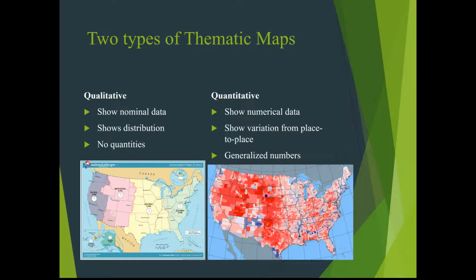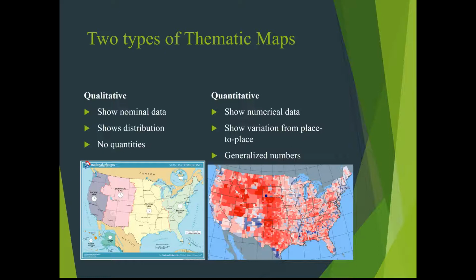If we drill down into the thematic map kind, there are two kinds of thematic maps: qualitative and quantitative. A qualitative map shows nominal data and focuses on the distribution of that nominal information. It is important to note that since it is a qualitative map, it is not focused on the variation of quantities.